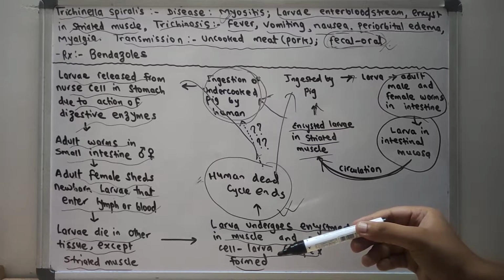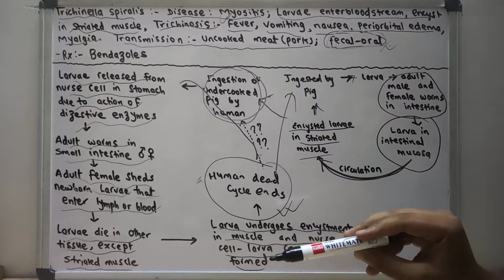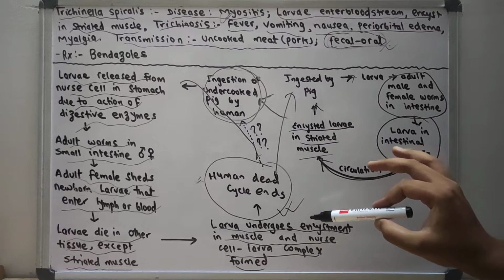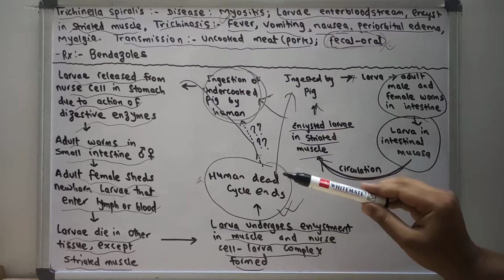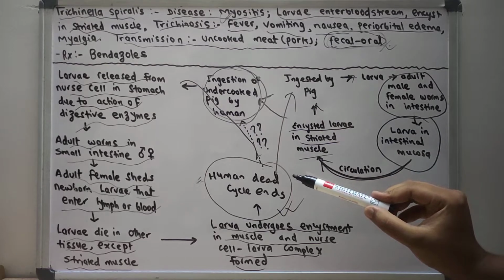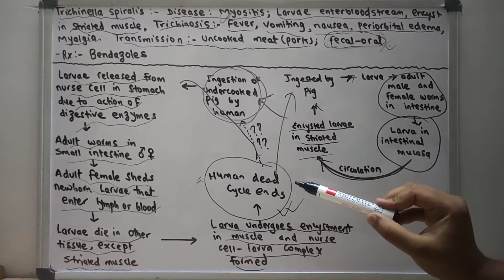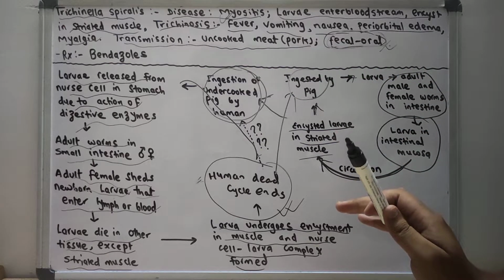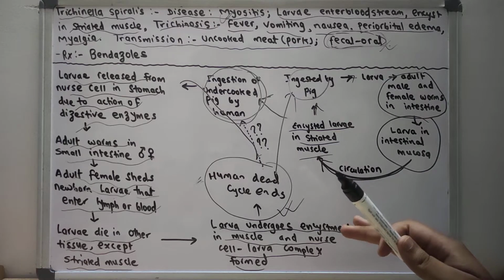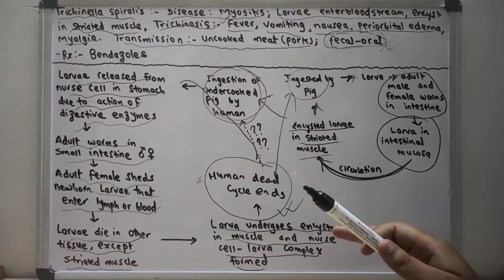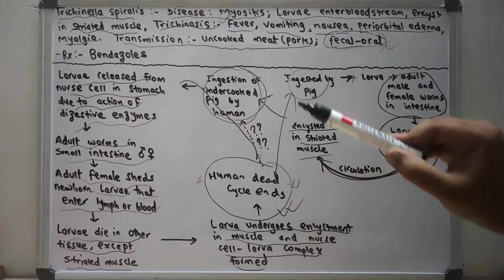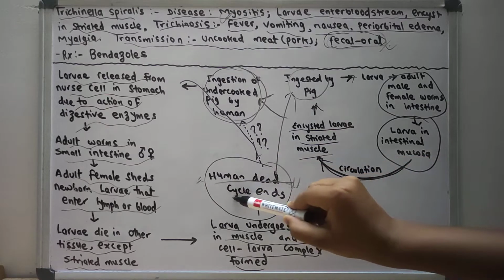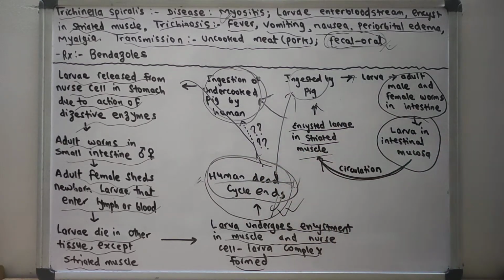Until the meat containing the encysted larva in the striated muscle of the human being is consumed by either a pig or a human being, the life cycle doesn't complete. So cannibalism is a very important factor for Trichinella spiralis transmission in human beings. Otherwise, after the death of the human being, the cycle ends.